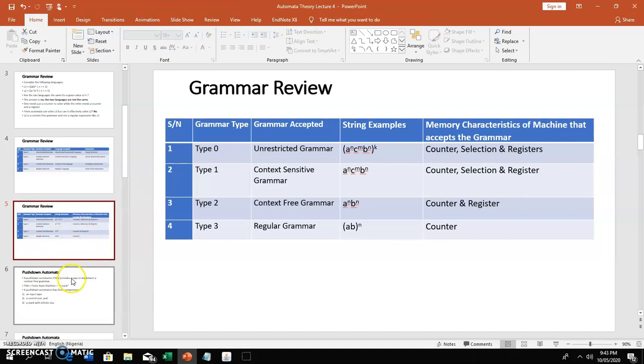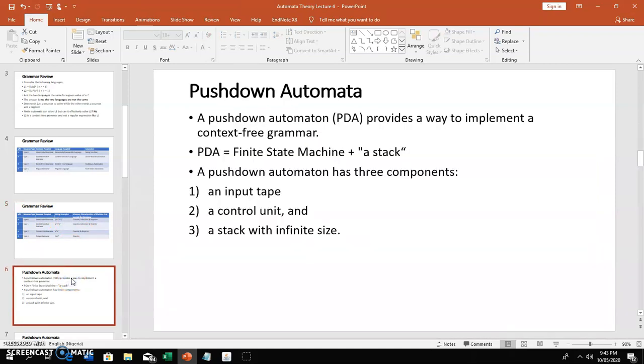So, back to the pushdown automaton. What is the pushdown automaton? A pushdown automaton provides a way to implement a context-free grammar. It is basically your normal finite state machine plus a stack. A pushdown automaton has three components.